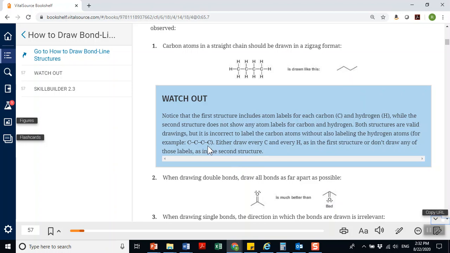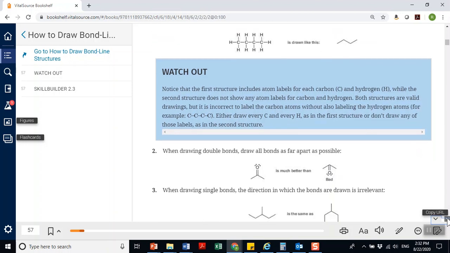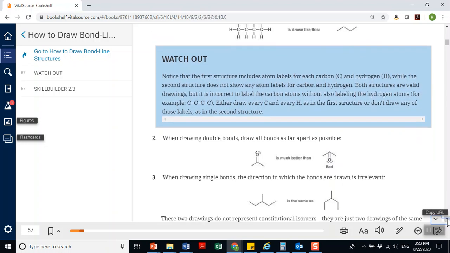That is not a bond line structure. That is nothing. So you have to choose the Lewis structure, the condensed structure, or the bond line structure, and then just stick with it. Don't try to combine those different ways of drawing, because you might end up with nothing in the end.